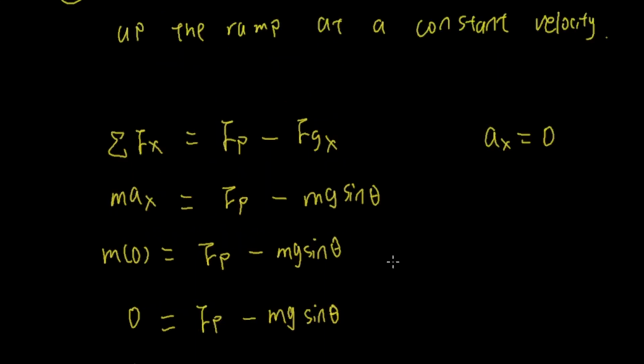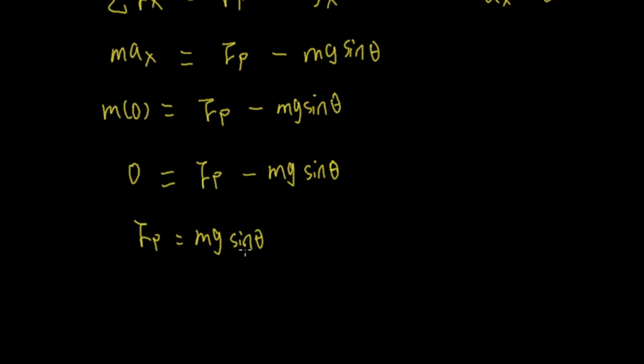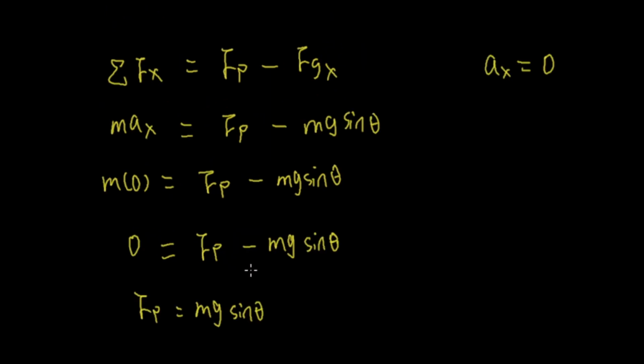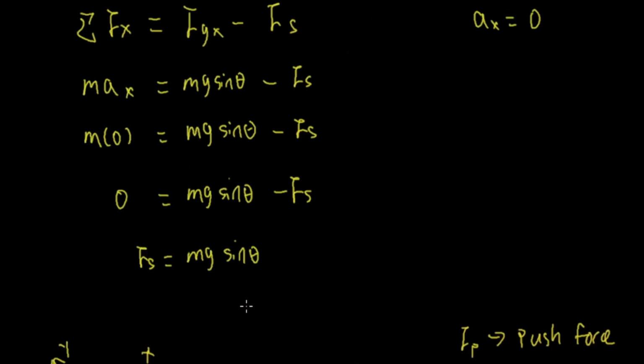Okay, notice that the magnitude of the push force to push the block up the ramp at a constant velocity or constant speed is the same as the magnitude of the force that's trying to keep the block from sliding down the ramp.